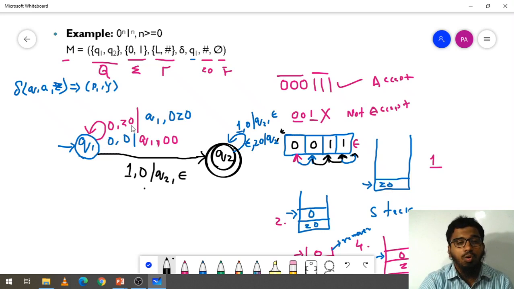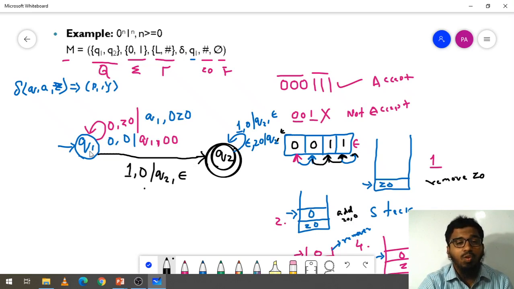So first we remove Z0 from here, and add Z0 and 0, both we need to add here.